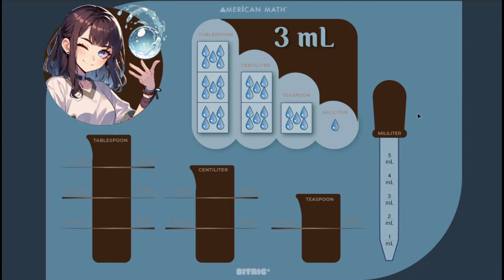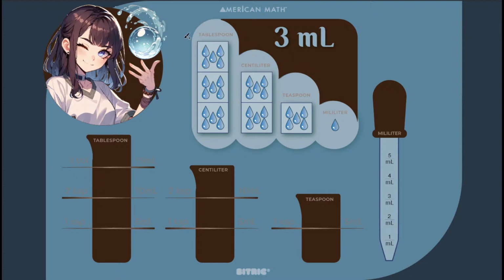For example, if you have a small value like 3 milliliters right here, the first thing you need to think through is how many of these groups can fit inside of 3 milliliters. We can start from the largest to the smallest. That's the order we'll go in the future.